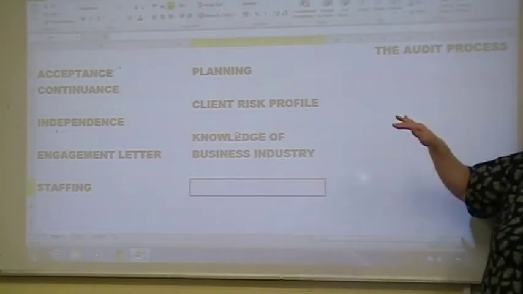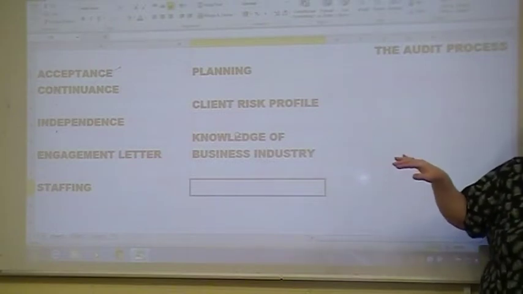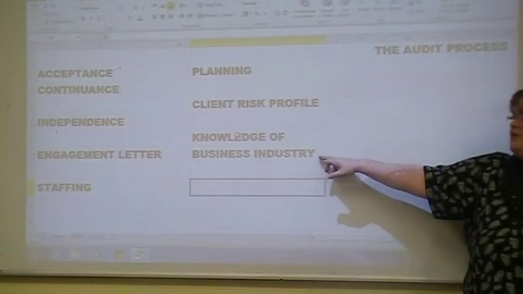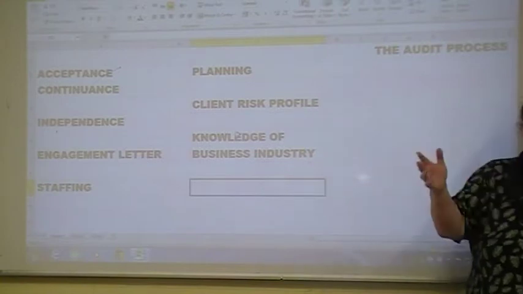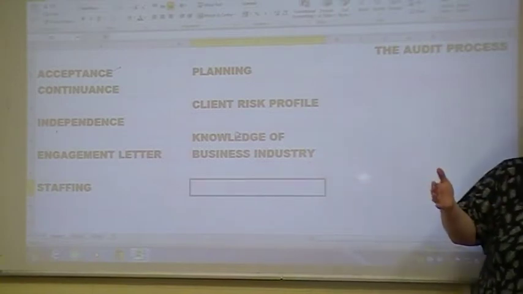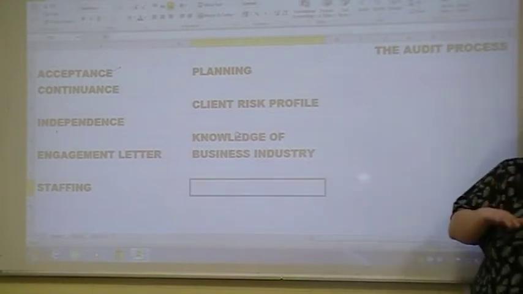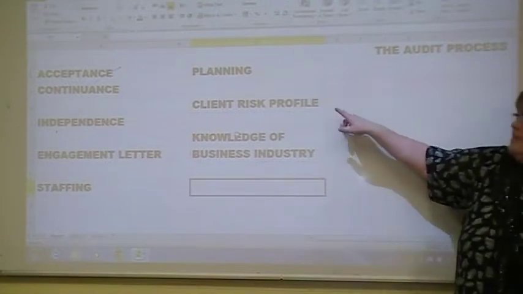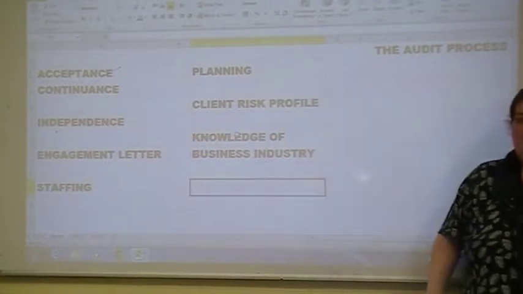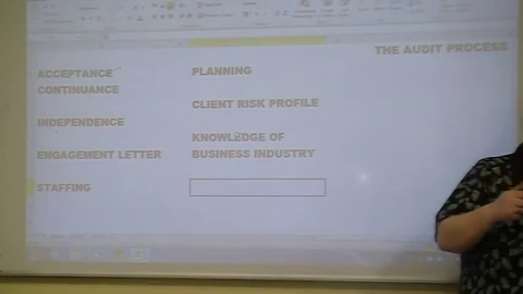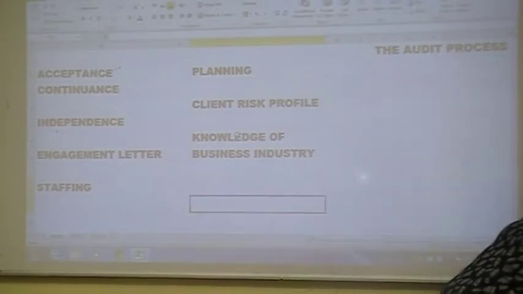If you're continuing, you've had no problem doing the audit for years, but if you've just accepted it, there'll be a good lot of work to do to get used to what business they're in and how they operate. But that's what we're thinking of: client risk profile, knowledge of the business. Once we've thought about that, we actually set about doing our audit plan.